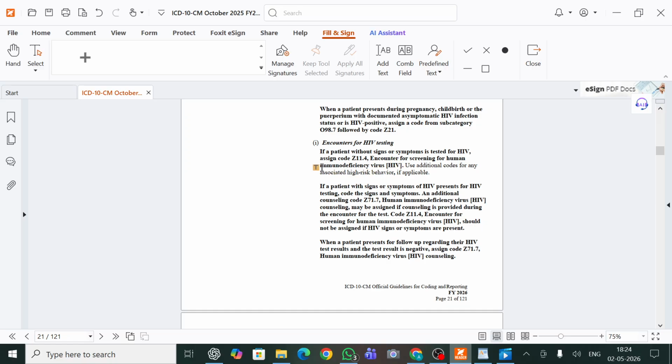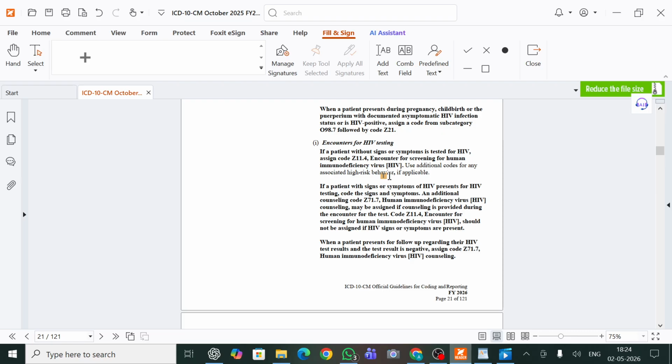I am giving you an example. The patient comes to a hospital to know whether they are HIV positive or not. At that time the doctor suggests the patient go and check their labs. At that time we will assign the code Z11.4. It means encounter for screening for human immunodeficiency virus.